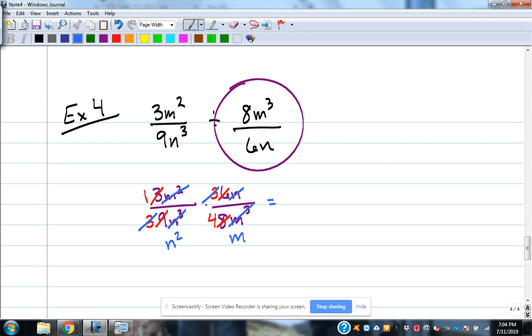So we have 1 on the top, and n squared times 4 times m. So that's 4mn squared for the solution, or the simplified version of that example. So that's lab number 6 for Math 110.